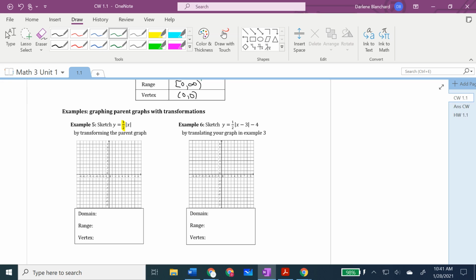So that causes your graph that was going at a 45-degree angle and was going through the point 2, 2. If I take the y-coordinate 2 and I multiply it by 1/2, I will get a y-coordinate of 1, and that will help me to see where that line goes. And I can actually do that for any of those y-coordinates. I can multiply them by the 1/2, and that will tell me where it got squished or compressed or stretched to vertically.